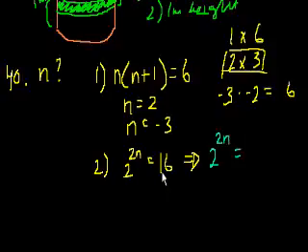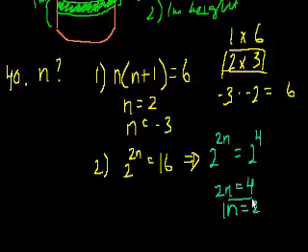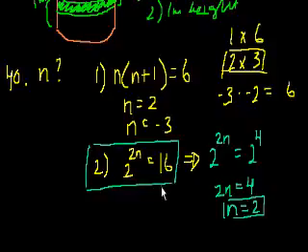And how do we write 16 with the base 2? Well, 16 is just 2 to the 4th, right? And so we get 2n is equal to 4. n is equal to 2. So this statement alone is enough to figure it out.